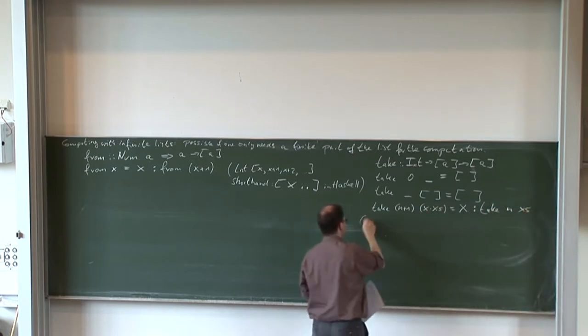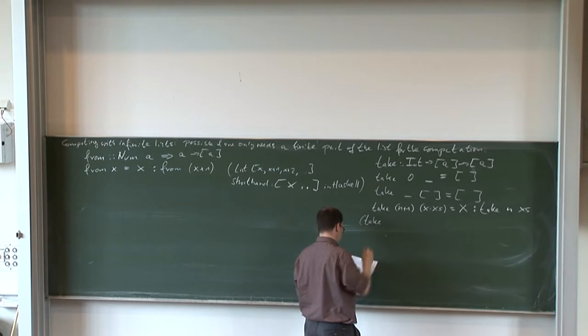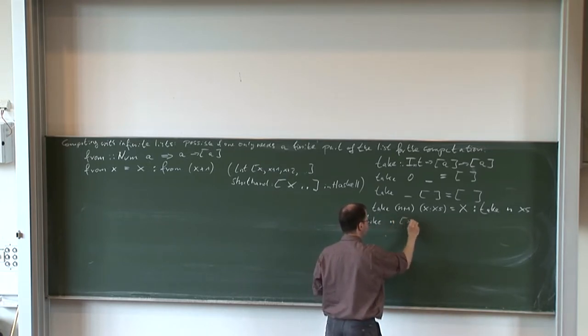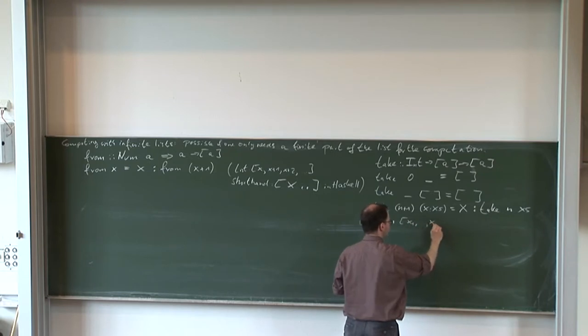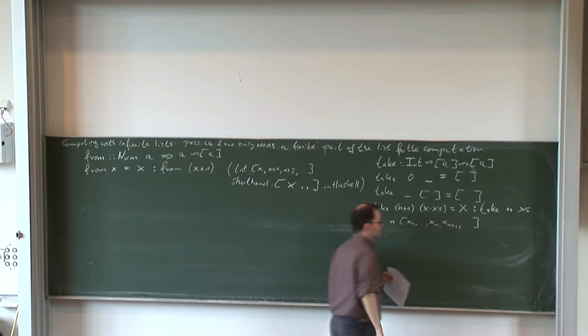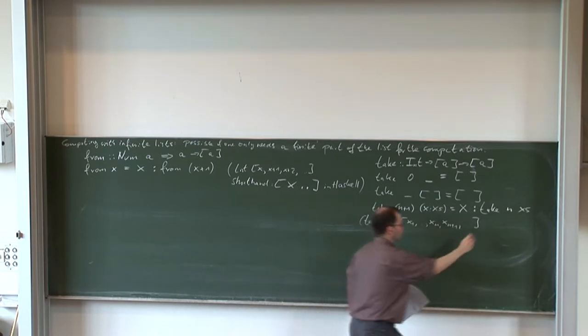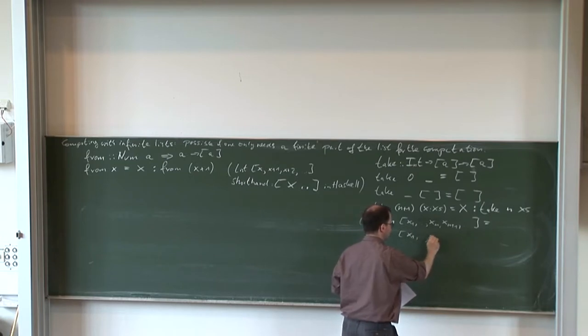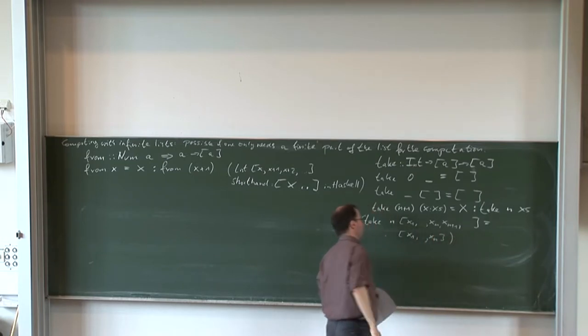So in other words, what take does is, if you call take, and then n, and then here you have a list x1 dot dot dot xn, xn plus 1, and so on. And no matter whether this list is finite or infinite, it will give you back a finite list, namely the list which consists of the first n elements.